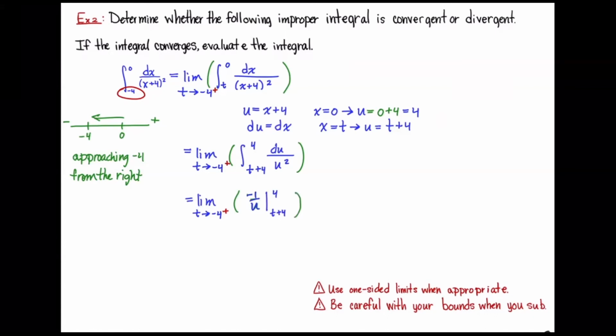This is equal to the limit as t approaches -4 from the right, and subbing in our bounds, we have -1 over 4, and then minus a negative becomes a positive 1 over t plus 4.